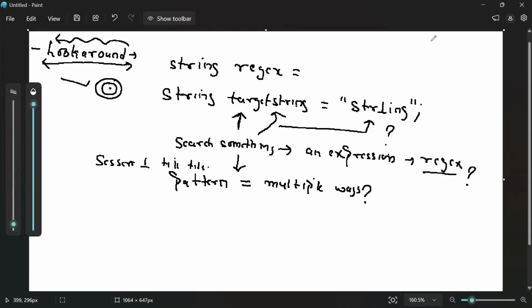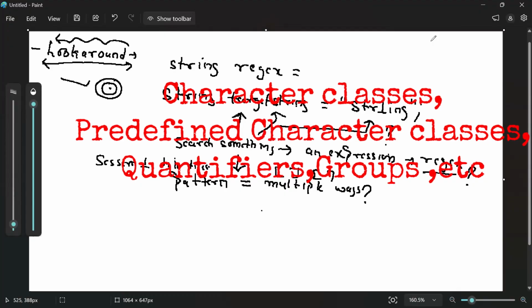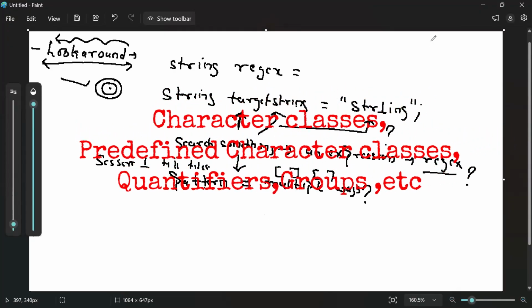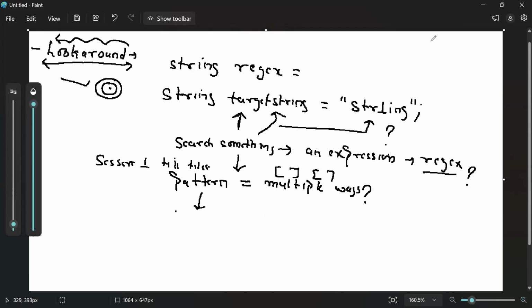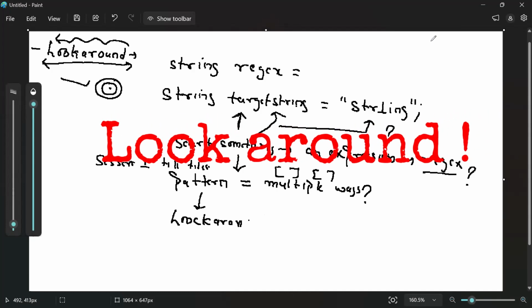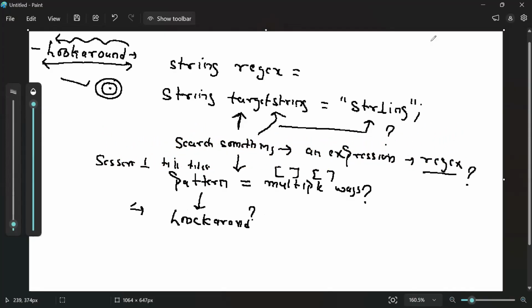We have character classes, digits, numeric, predefined classes, and we discussed groups. And another way to design a pattern in regular expression is the look around concept.